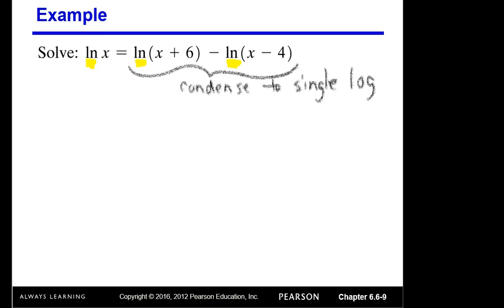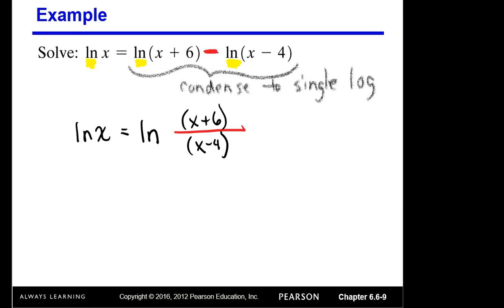Okay, so I'm still going to have the natural log of x on the left, but then on the right, because there's a subtraction here, this is going to become the natural log of a division where you put the x plus 6 on the top and the x minus 4 on the bottom. Right?